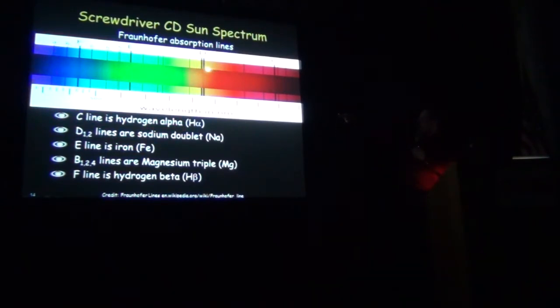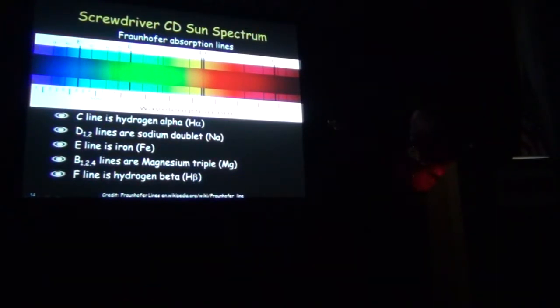The D lines right here, a couple of them, is called the sodium doublet. The E line, which is not on here, the F line is just about right here. The E, 1, 2, and 4 are magnesium triplets, which is down here. And then we have the F line, which is H beta.